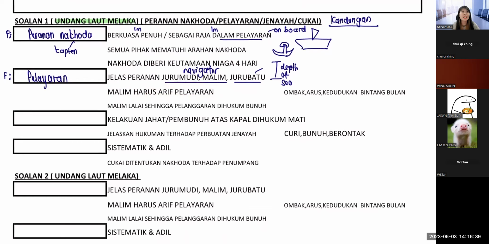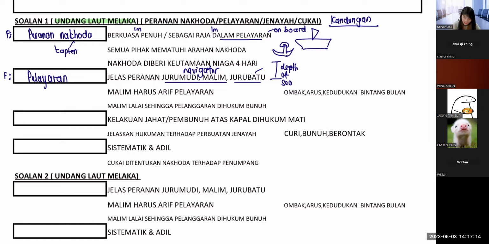If there is any accident, then death sentence. He will be the one that understands the wave, the current, the direction of the stars or the moon. Selok belok. Both. Jurumudi Malim is the same thing. Mahir dalam selok belok, correct.